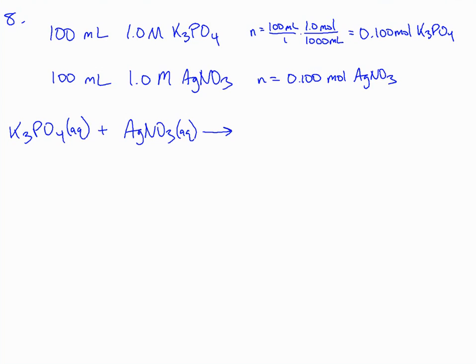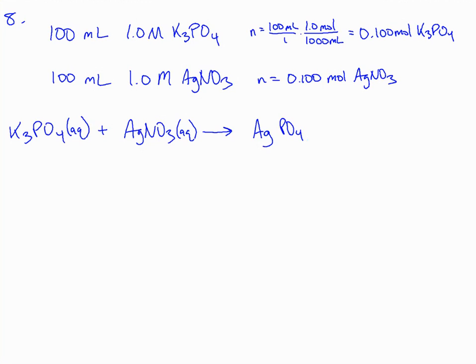So here's what's happening. A solution of potassium phosphate plus a solution of silver nitrate reacts, and it says it forms a precipitate. First, we're going to have to figure out what the two products are. So the potassium and the nitrate will combine, and the silver and the phosphate will combine. So we're going to have something with silver and phosphate.